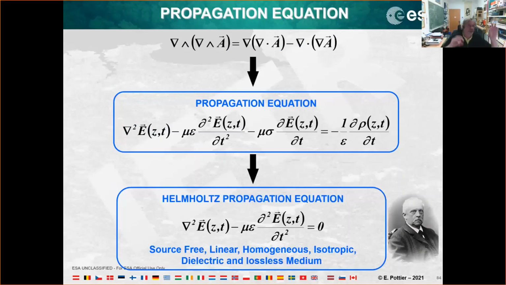You have no magnetic particles floating around you, so it is a source-free environment. It is a linear environment. It is a homogeneous environment. It is an isotropic environment. It is a dielectric and lossless medium. So this is the real equation of the propagation of the field.